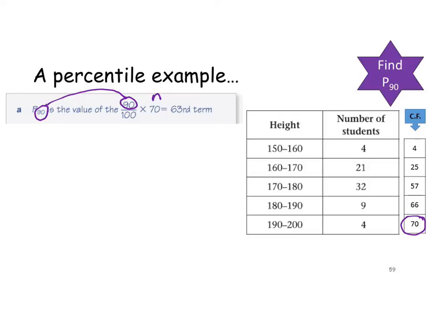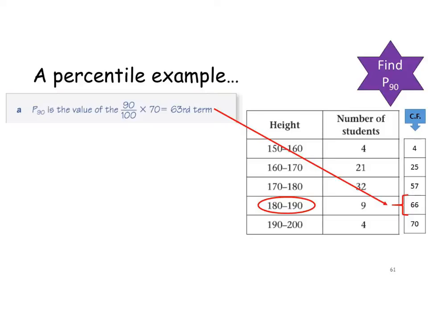And 90 divided by 100 times 70 is 63. So we want the 63rd term. Where is that? Well, the 63rd term is in the fourth row. It's between the 58th and the 66th position. And that corresponds to the class 180 to 190.